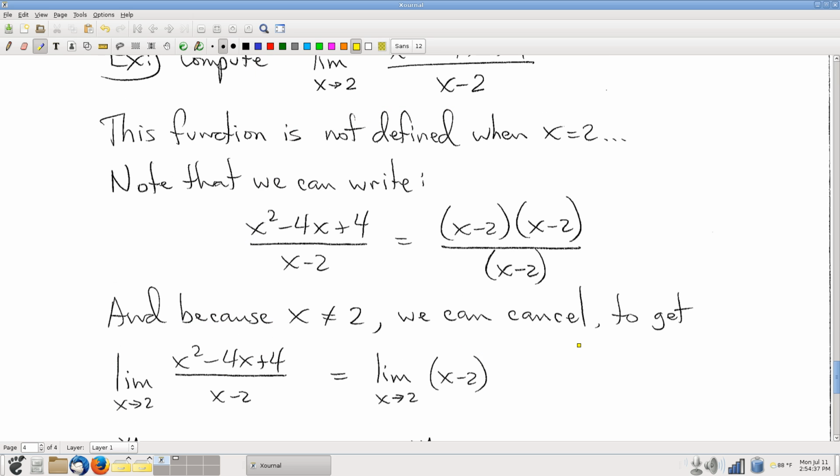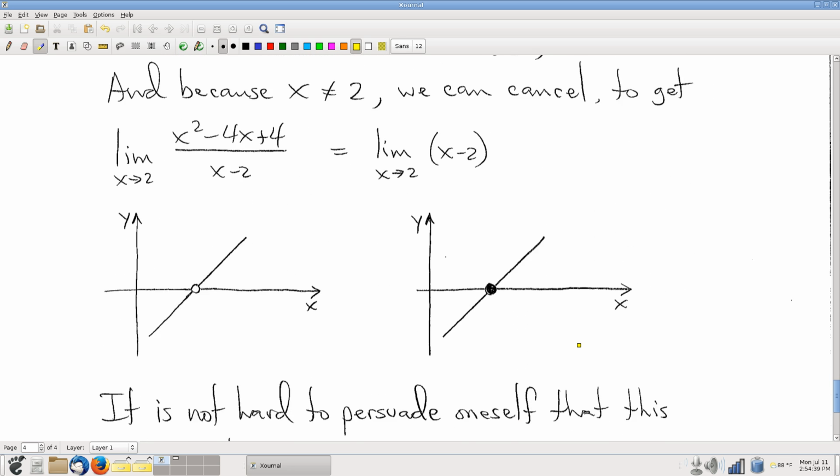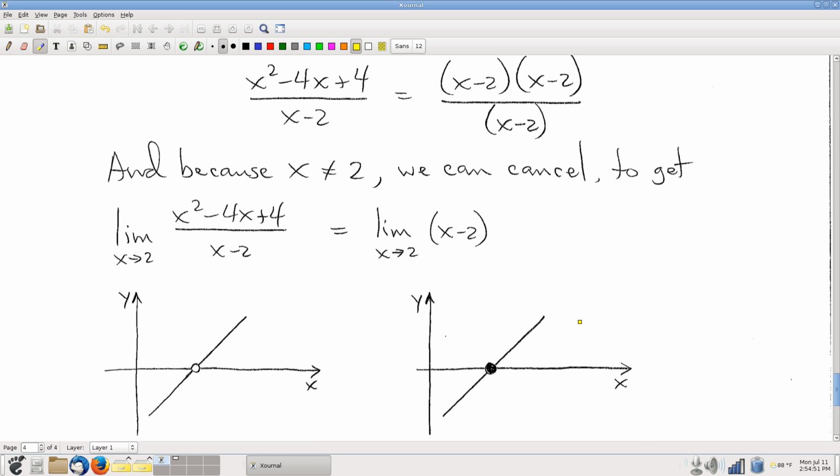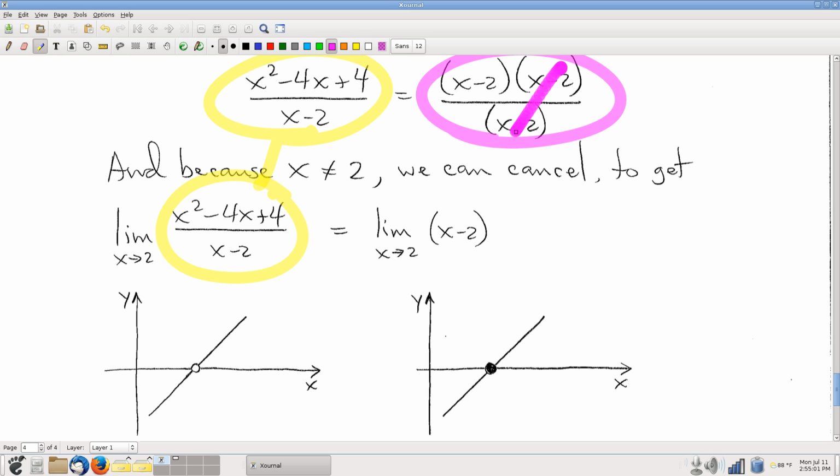So let's draw pictures now of these two functions. X minus 2, well, this is an easy function to draw a picture of. It's a straight line, right? Y equals x minus 2. No problem. This function, I now have a pretty good way to get a handle on what that function looks like. It looks just like x minus 2 as long as x is not equal to 2.